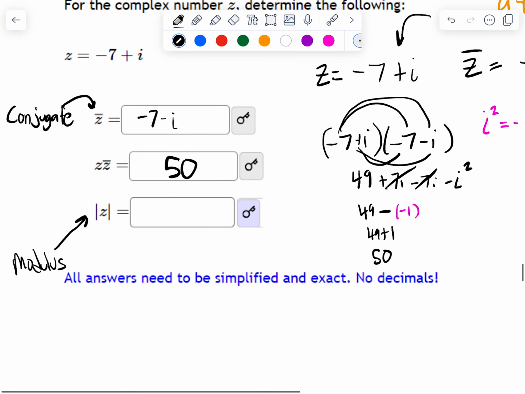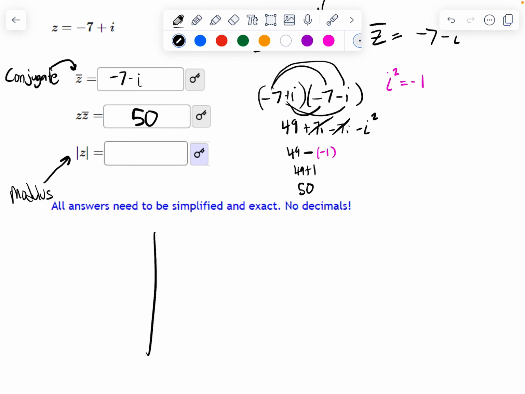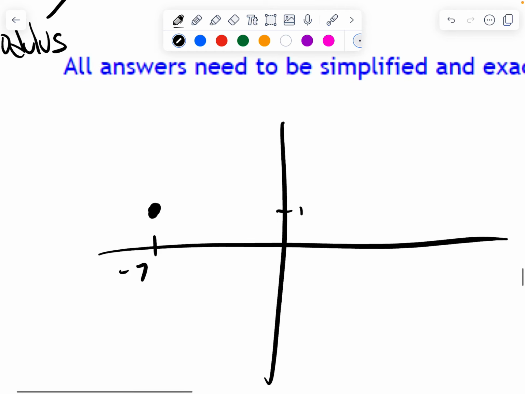Now the last thing is the modulus. To see this a little bit better, I'm just going to show you what it looks like. So let's graph this really quick. Negative 7 is over here on the complex number plane. Positive 1, so that means your complex number will be about there-ish. That means you traveled 7 to go there, and 1 to go there.